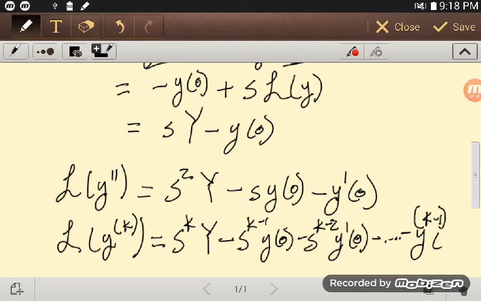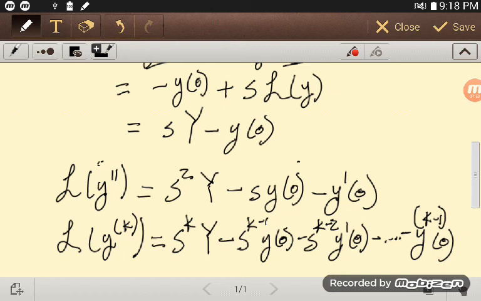So you see, for initial value problems where we are given, say, a differential equation, like a second order one where we might have that second derivative, remember that we're usually told what y of 0 and y prime of 0 are.